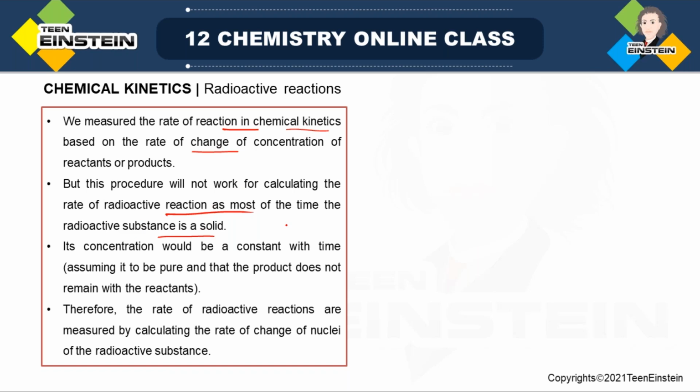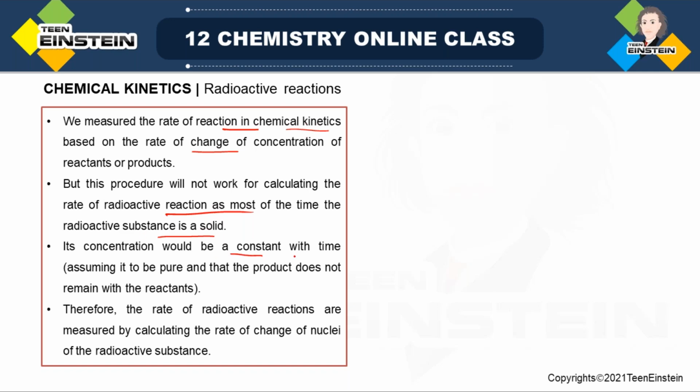In normal chemical reactions, we take some solution, so we express the concentration in moles per liter. But you cannot do this here, because there is no such solution. They are present in solid state, so there is no question of expressing the concentration of these species, that is starting materials. So we follow a different method.